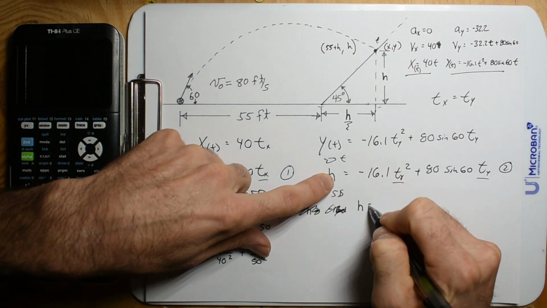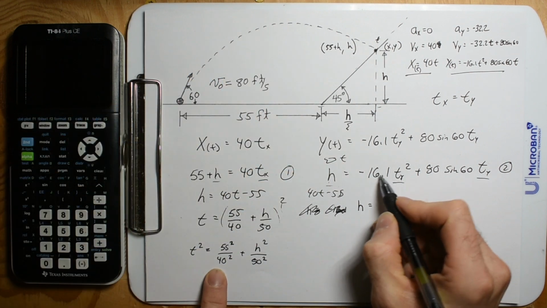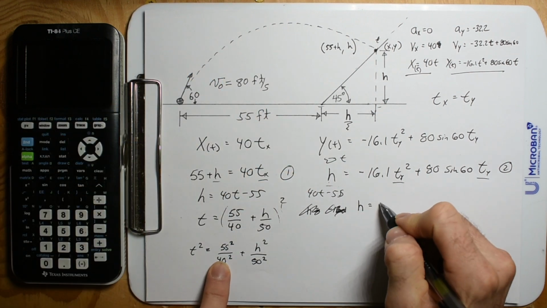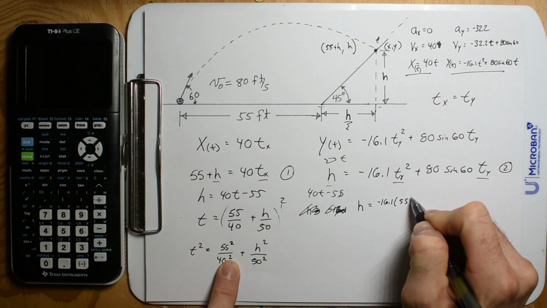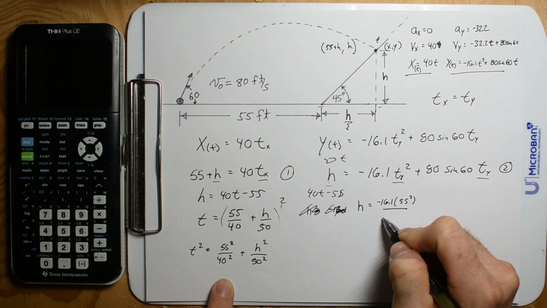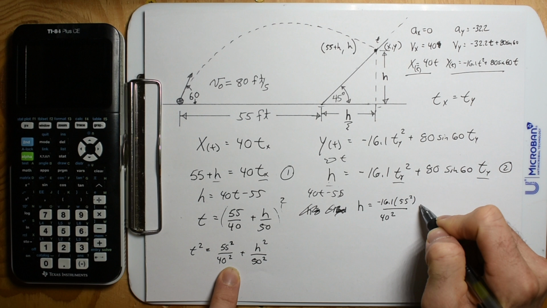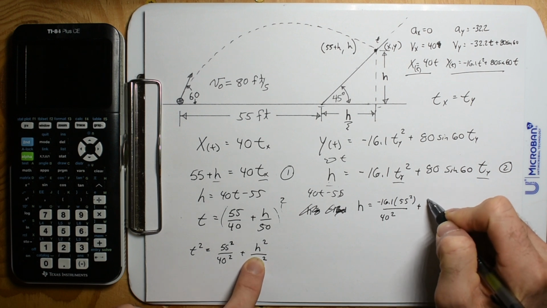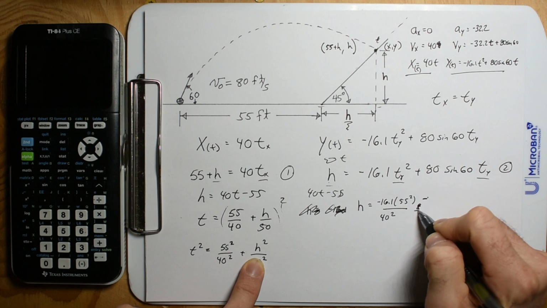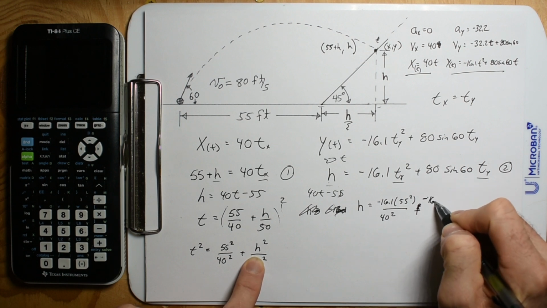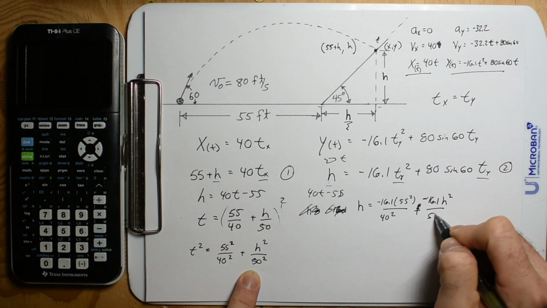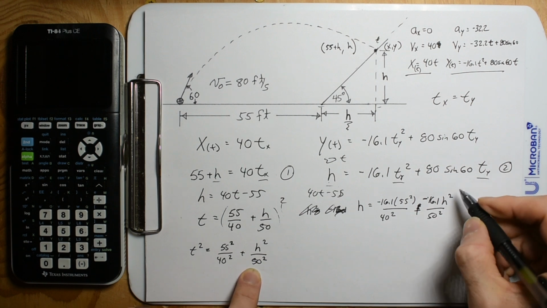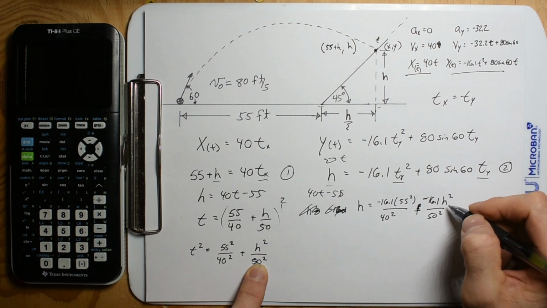But we have h is equal to, and now I'm going to FOIL this negative 16 in. So I'm going to have negative 16.1 times 55 squared divided by 40 squared, and then plus a negative 16.1 h squared divided by 50 squared. Cool.